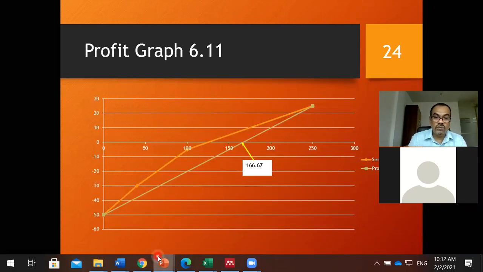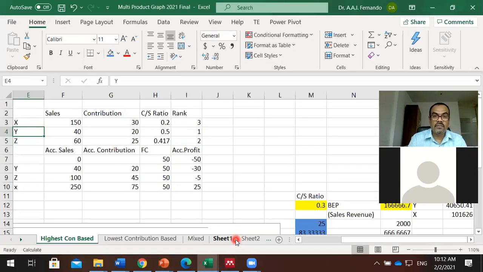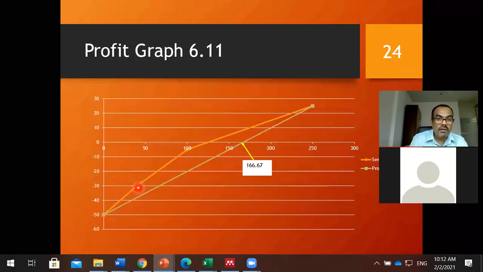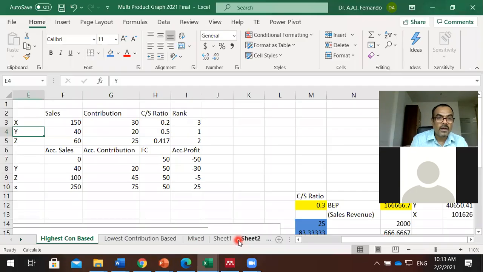But if you go to the second situation in this graph, Z, if you produce Z, what happens? Your revenue will go up from this level to somewhere here. It would be 100,000. Let me check it here in the Excel.